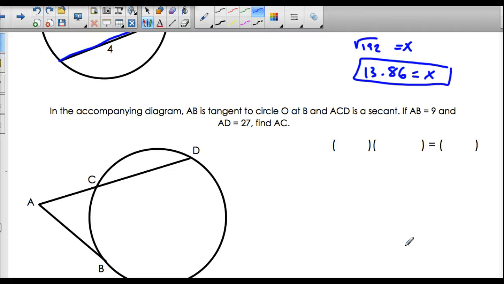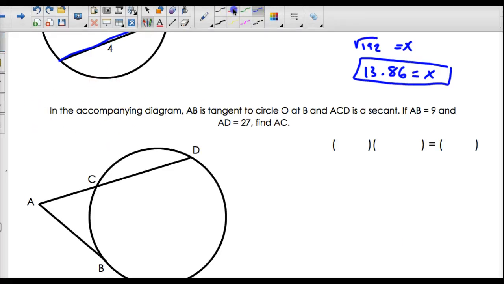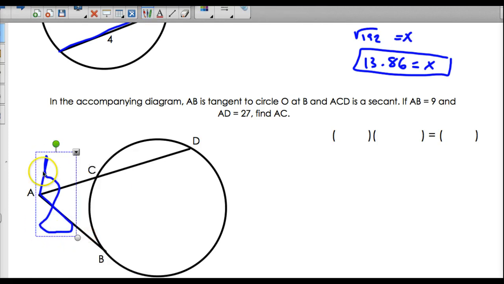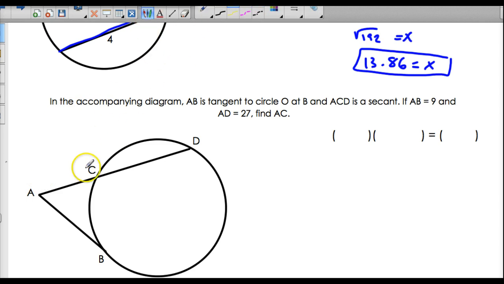Well, let's give this another shot. Let's move this diagram down a little. AB is tangent to circle O, so we know AB is our tangent. AB is tangent to circle O at B, and ACD is our secant.